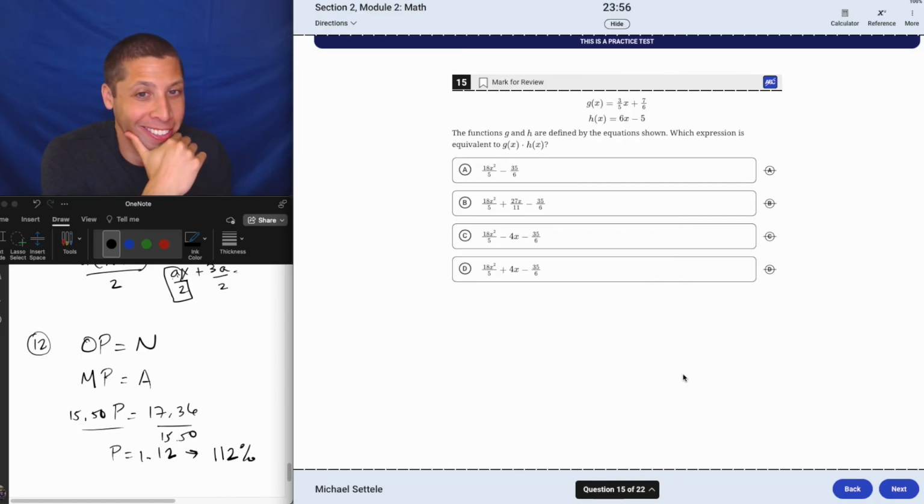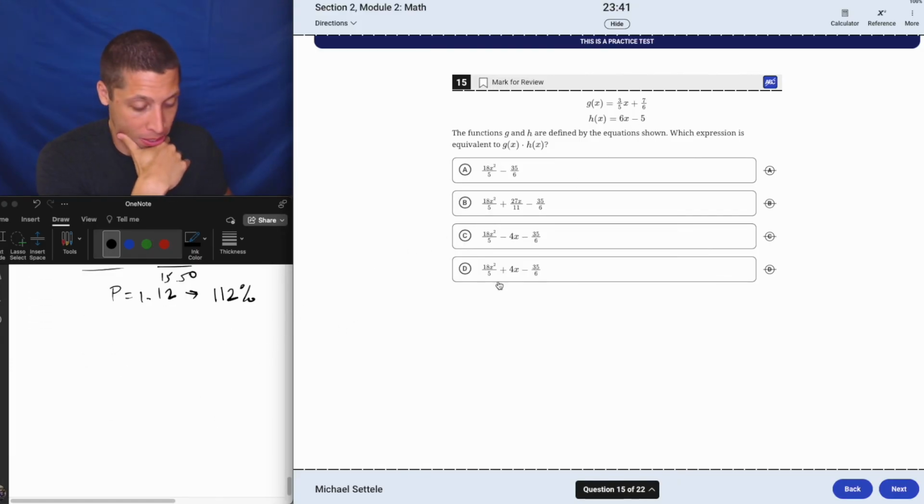Let's see if Desmos can handle this. I think it's just multiplication, right? So I think basically what they're doing is telling us to FOIL this, which we could do. I don't love it. You know what? No, let's arithmetize. Let's deal with this in a much easier way.